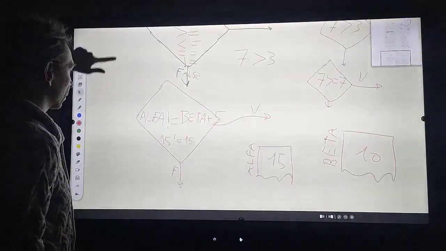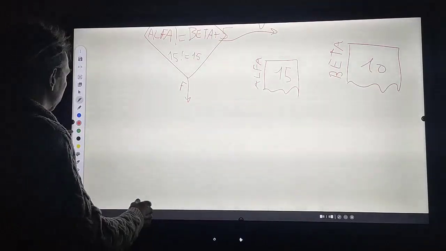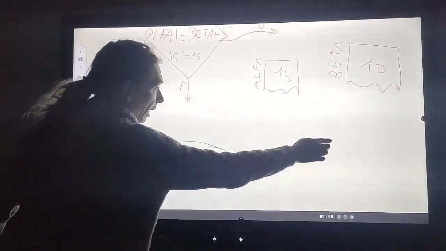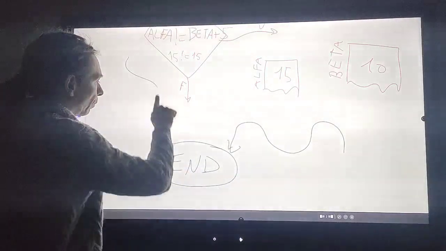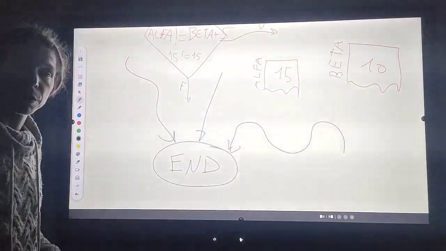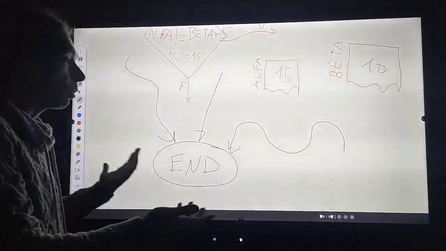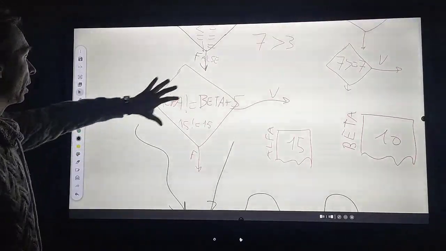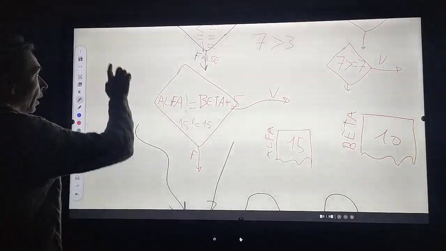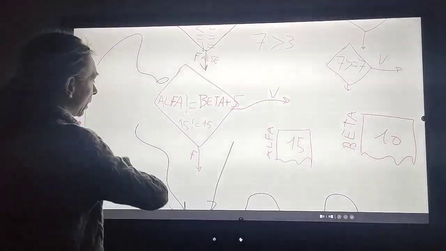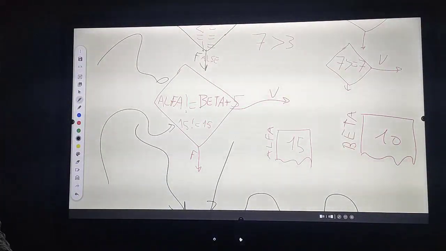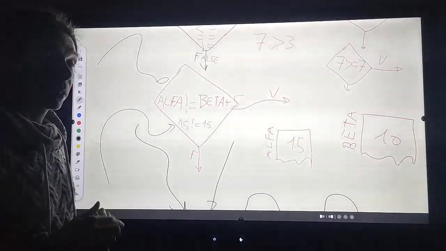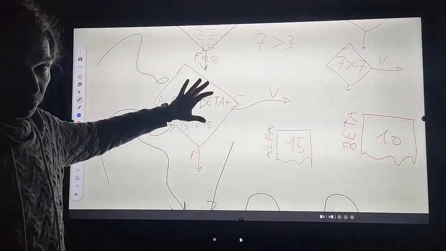For example, I can have many arrows coming from everywhere and arriving to the same end. Also for the rhomb here, I can arrive here from many points of the flowchart. But remember, just one exit, or two for the rhomb.